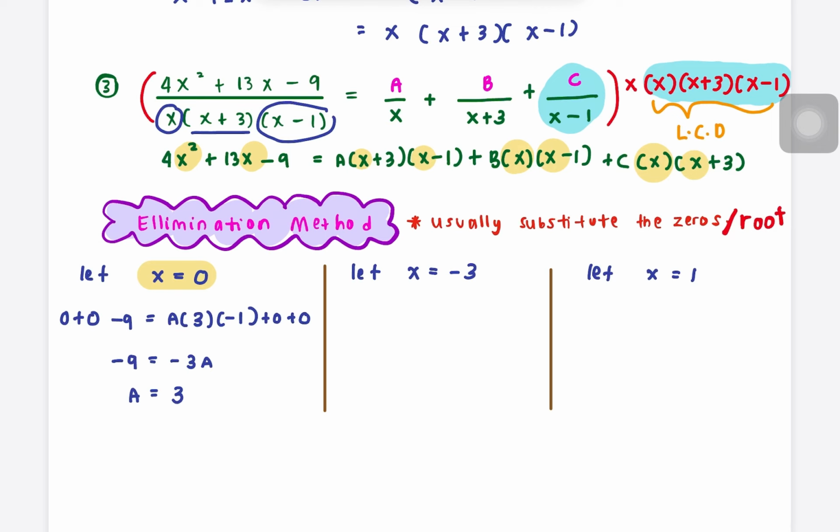Okay, right now your right hand side. Substitute x here with negative 3. So negative 3 plus 3 is 0. So 0 multiplied will be 0. So this one will be 0. And then this one, negative 3 times b is negative 3b.